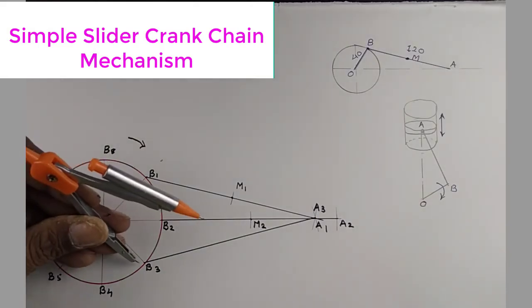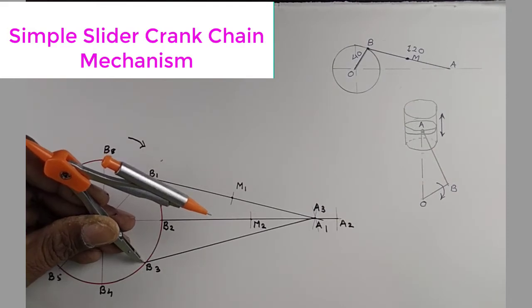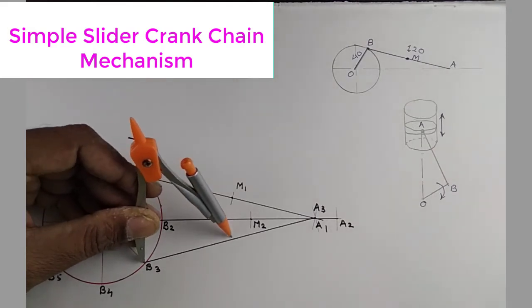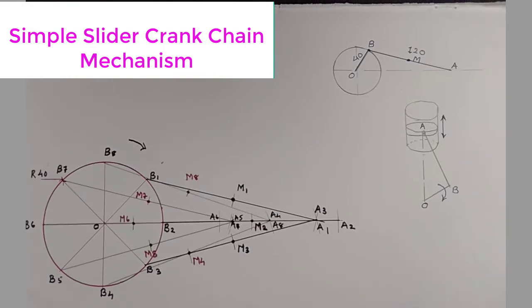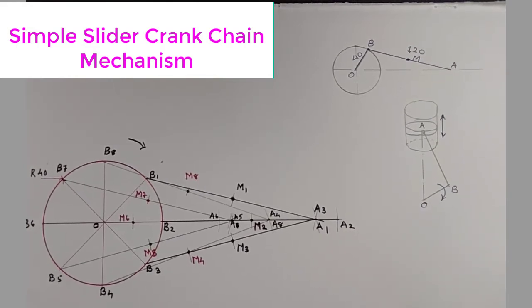The next step, B3 is the center, 60 mm radius, and we get our midpoint M3. Now you do the exercise for all the B positions and mark your respective end points and midpoints on the connecting rod: M1, M2, M3, M4, M5, M6, M7, M8.